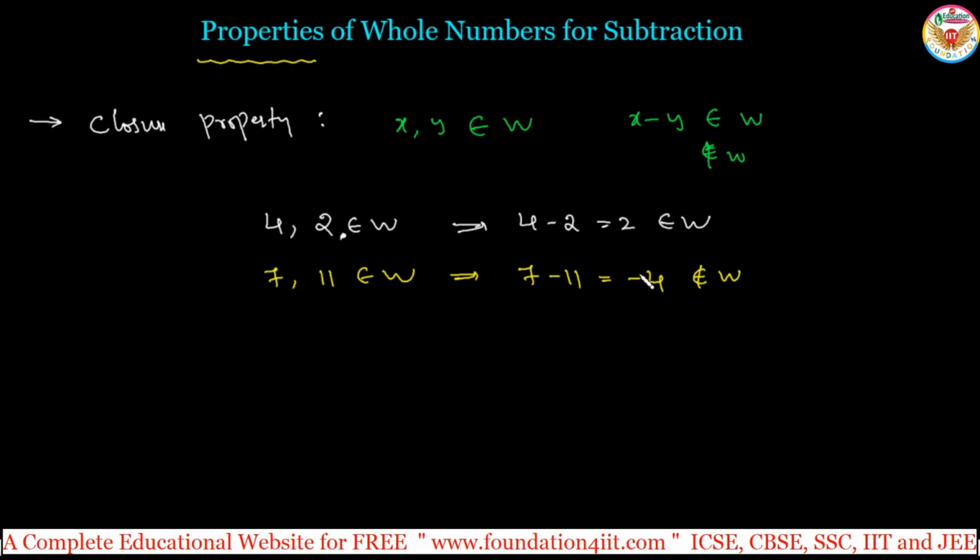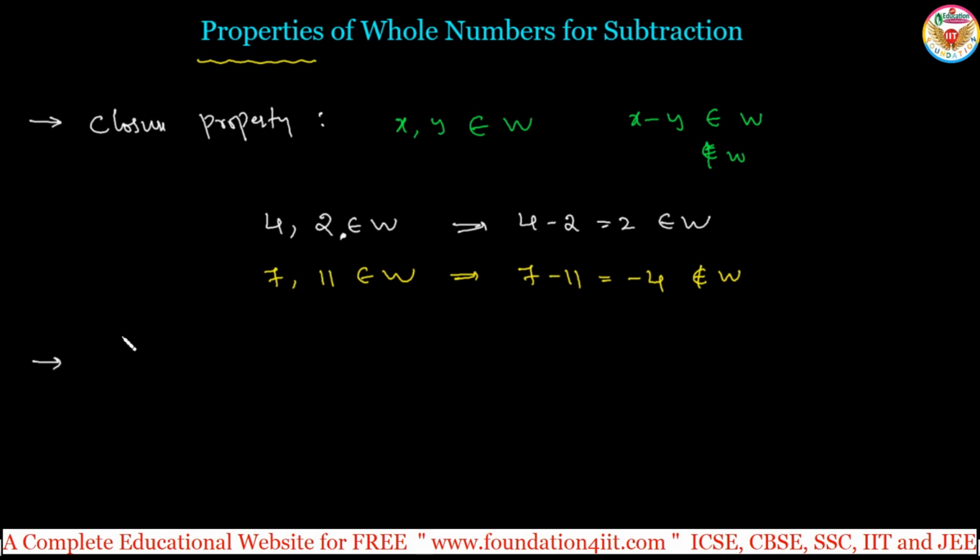That means one thing we can conclude: if x and y are two whole numbers, then x minus y is not necessarily a whole number. Right? So the whole numbers are not closed for subtraction. So the closure property does not exist for subtraction.